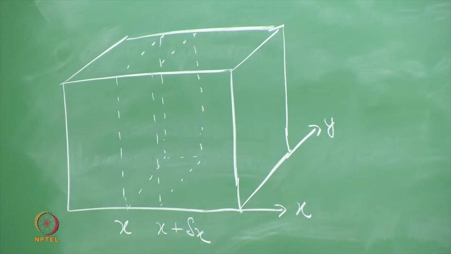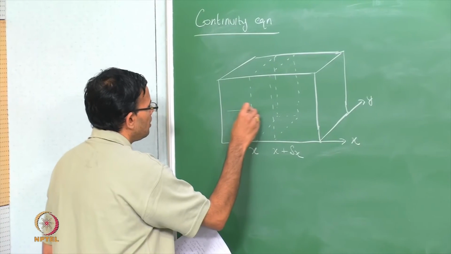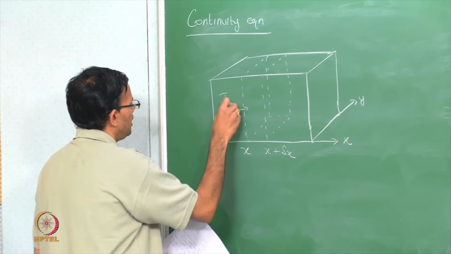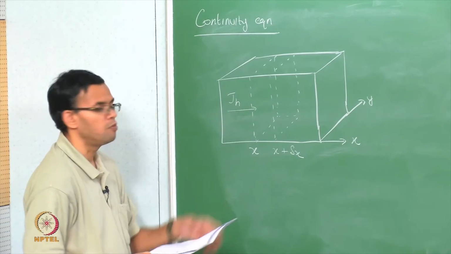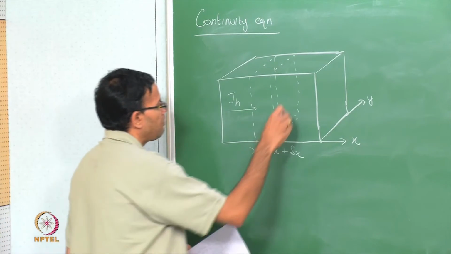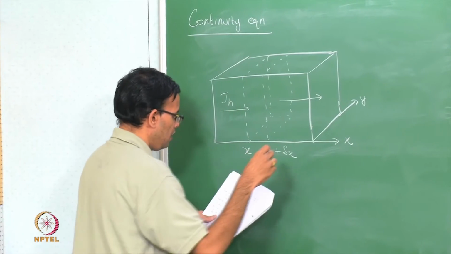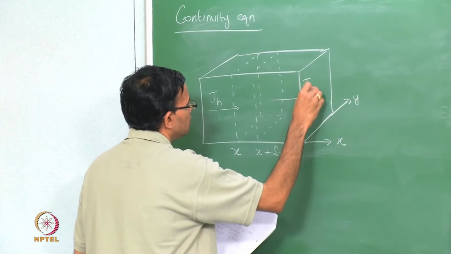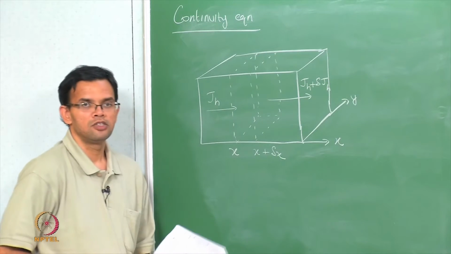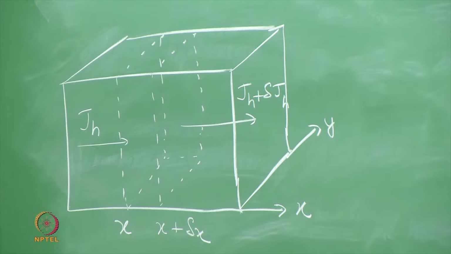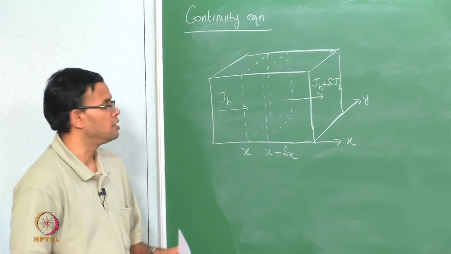I have some flux of holes that is entering into the small incremental slab at x. I am going to call it JH, which is the flux of holes entering the small portion, and I have a flux that is leaving. I am going to call it JH plus delta JH. So, delta JH can be positive or negative. If it is positive, we have some generation of holes within the slab.